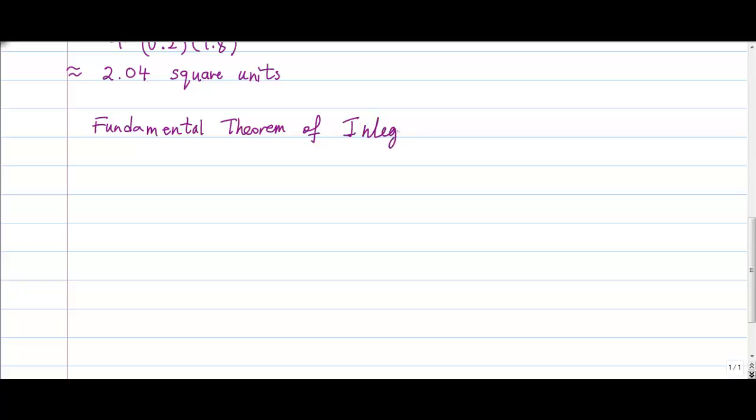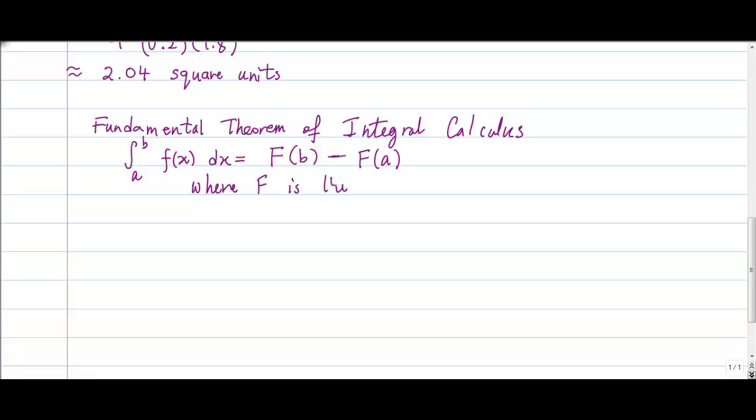So the fundamental theorem of integral calculus says the following: the integral from a to b of f of x dx is capital F of b minus capital F of a, where capital F is the antiderivative of lowercase f.